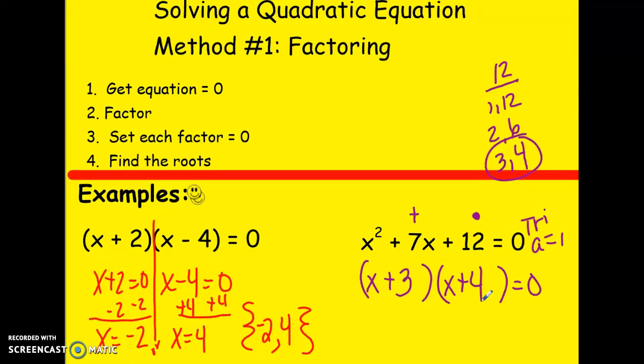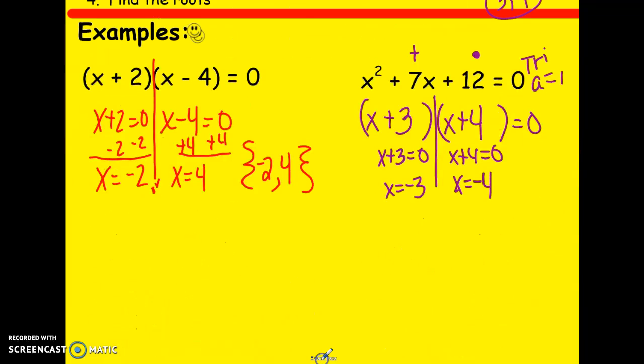From here you should know that the answers are the opposites of whatever's in the parentheses. But just to show an extra step, negative 3 or negative 4. So our answers for that one would be negative 3 or negative 4. I actually don't like the way I wrote that because it's not in numerical order, but that wouldn't really matter. And if you, for some reason, don't put them in the curly brackets, it's not a big deal.